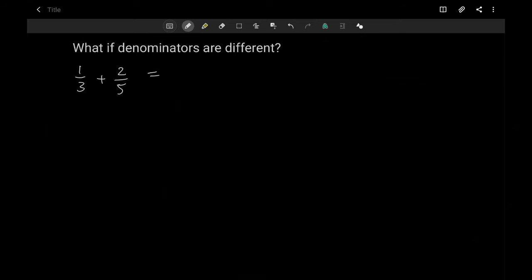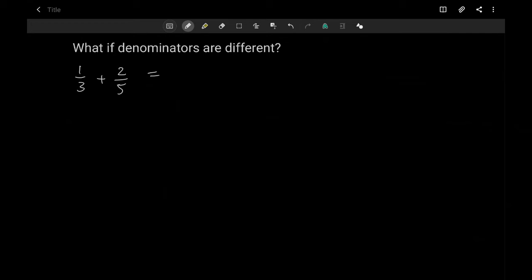Let's say you had 1/3 and you wanted to add 2/5. Now, as you can see, the denominators are different, and the rule specifies that you can only add or subtract fractions when the denominators are the same. So how do we overcome this problem?